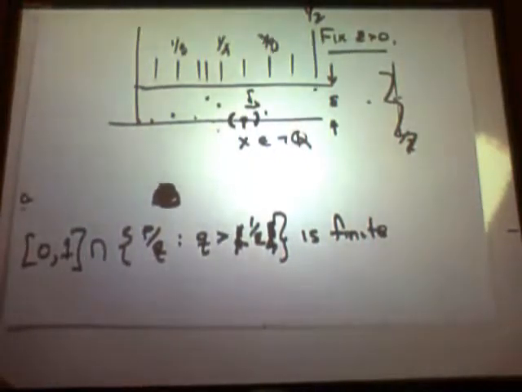So pick epsilon equal to 1 over 2q. Can you surround the rational with a little delta interval, plus or minus delta, such that the variation of the function is less than 1 over 2q? No, you can't, because it's 1 over q in the middle, and it's 0 to either side, right?